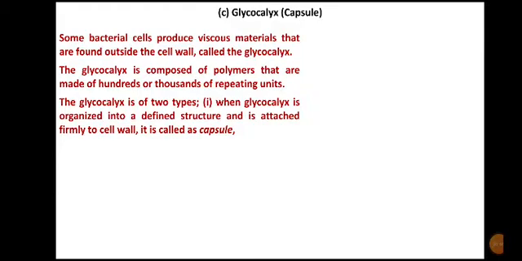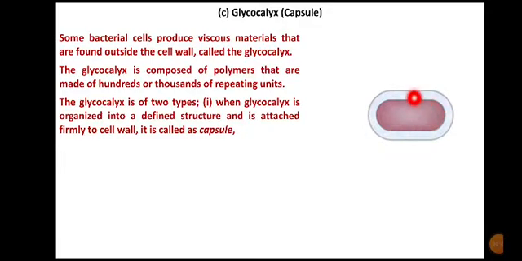The first one is the capsule. Here we can see the bacterial cell with the bacterial cell wall, and around it one more well organized layer, which has a particular shape. This organized layer of glycocalyx is called the capsule.